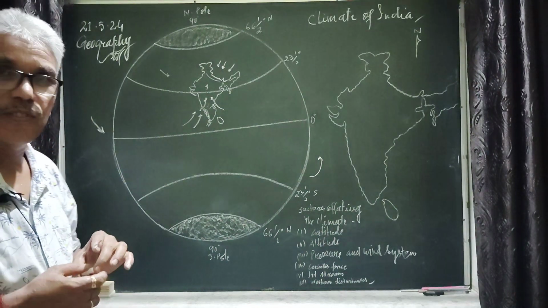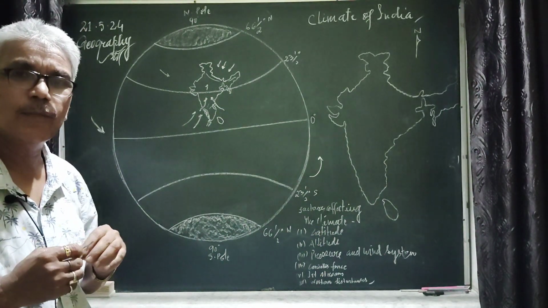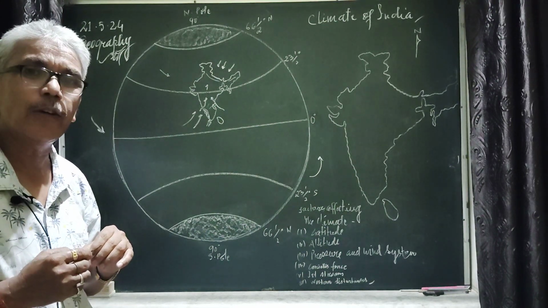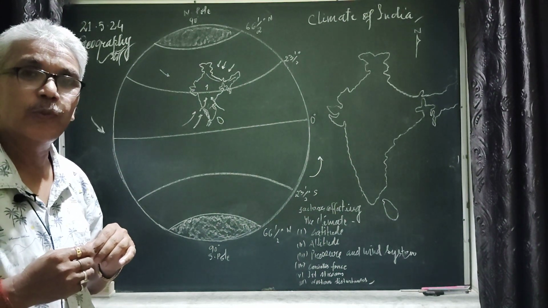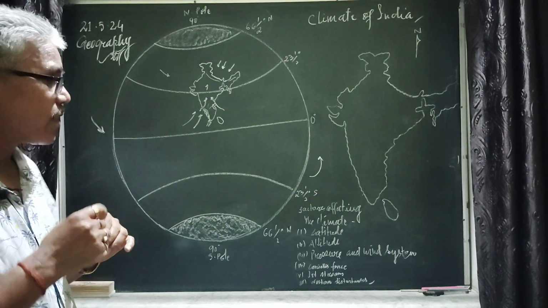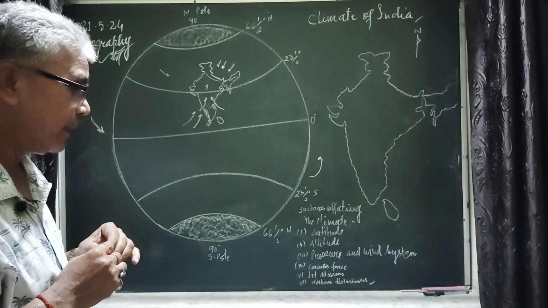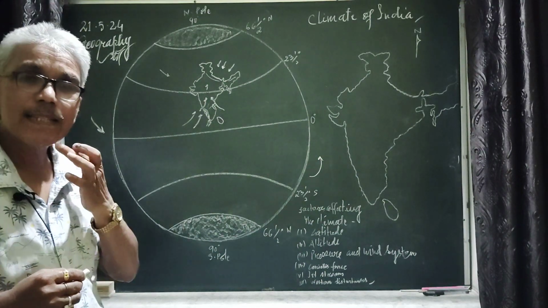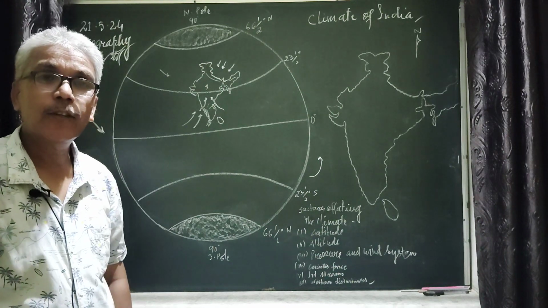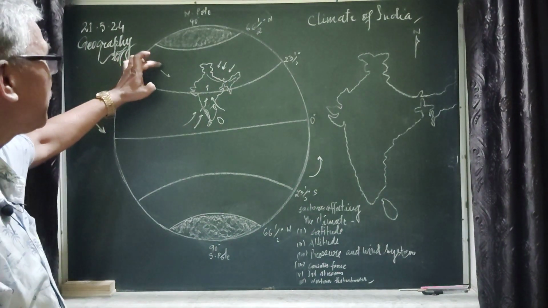Next, jet streams. Jet streams are very fast winds blowing in a narrow zone of the upper atmosphere that influence the climate of India. They have two types: easterly jet streams and westerly jet streams. Next, western disturbances. Western disturbances are cyclonic depressions that originate from the Mediterranean Sea.